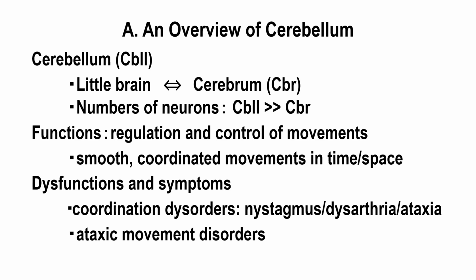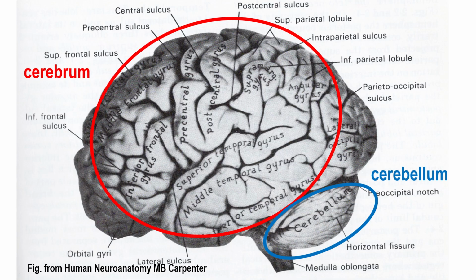The cerebellum is literally a small brain, with both its volume and weight being about 1/10 that of the cerebrum. The English word cerebellum originates from the Latin, meaning little brain.